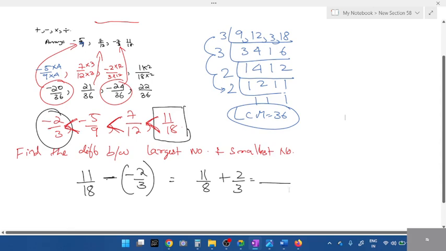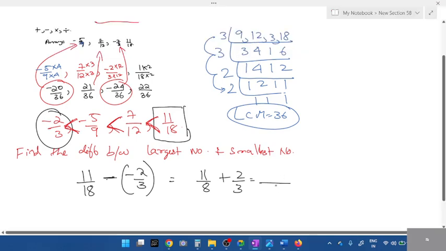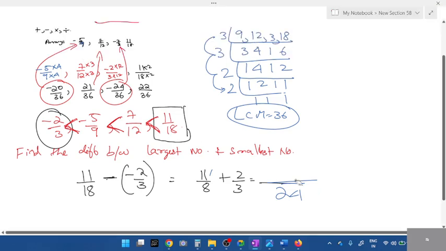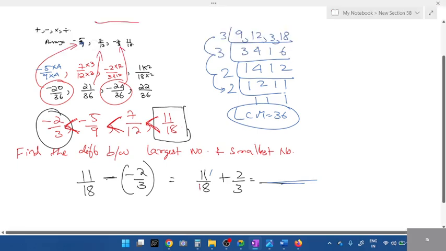What's the LCM for this? Quick, students, what's the LCM? Which is the smallest number? I've taken 18. 3 and 18.